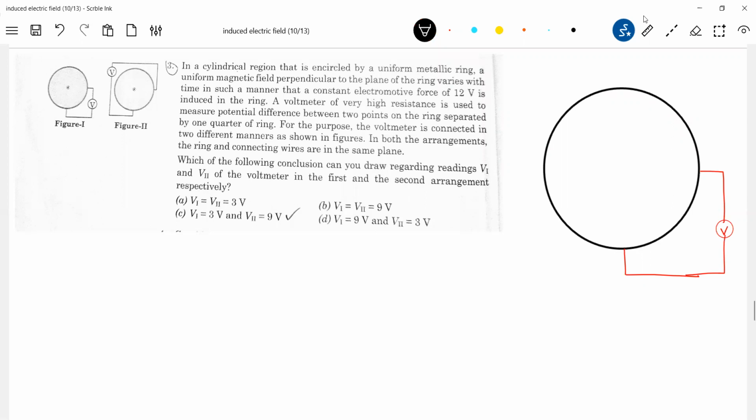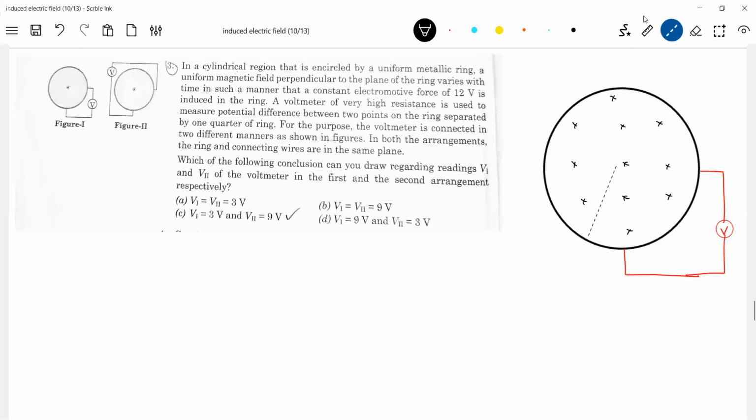And B bar is varying in this region. Who can produce such a field? Solenoid. So let's not bother about field or radius, everything. It has directly given the EMF induced in the ring: 12 volt. Total EMF induced is 12 volt.